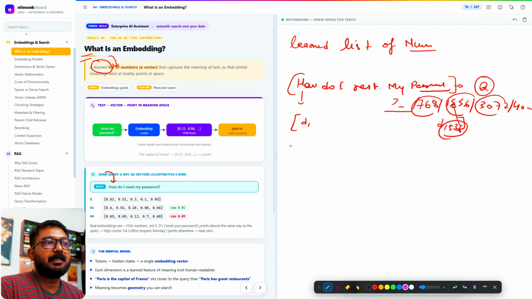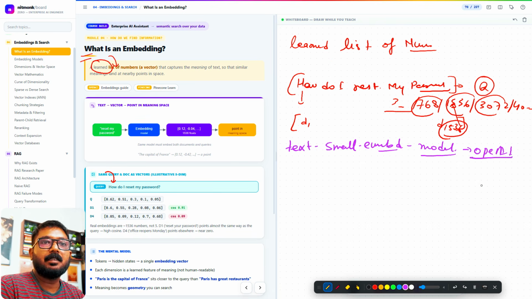Once we generate the embeddings, let's say we use the text small embedding model, given by OpenAI. That is already trained, and whenever we pass a sentence, it converts that into numbers, something like this. Whichever dimension we select, let's say 1536, that is the dimension it generates.